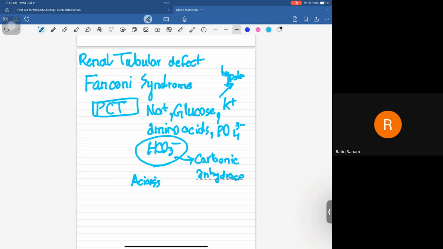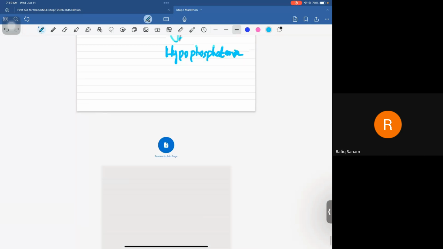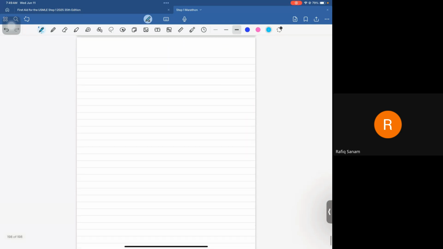You are going to get hypophosphatemia because phosphate is not being absorbed. So there is going to be acidosis, hypophosphatemia, and hypokalemia.